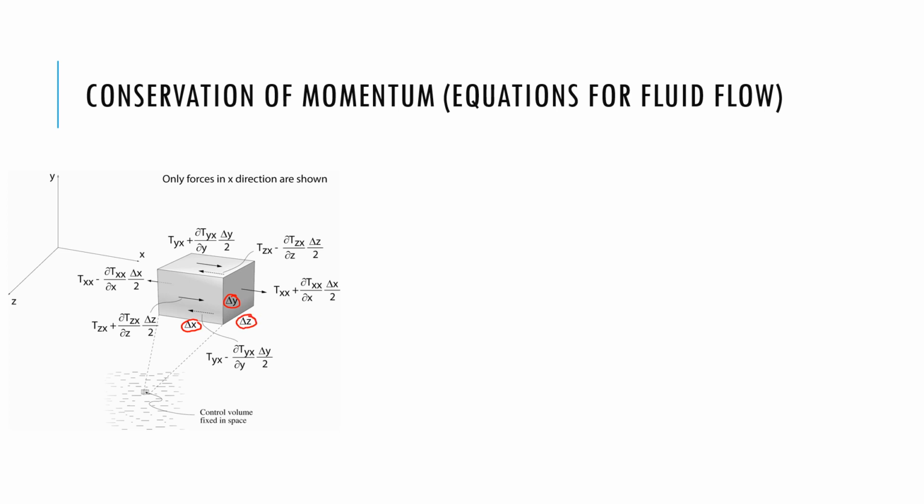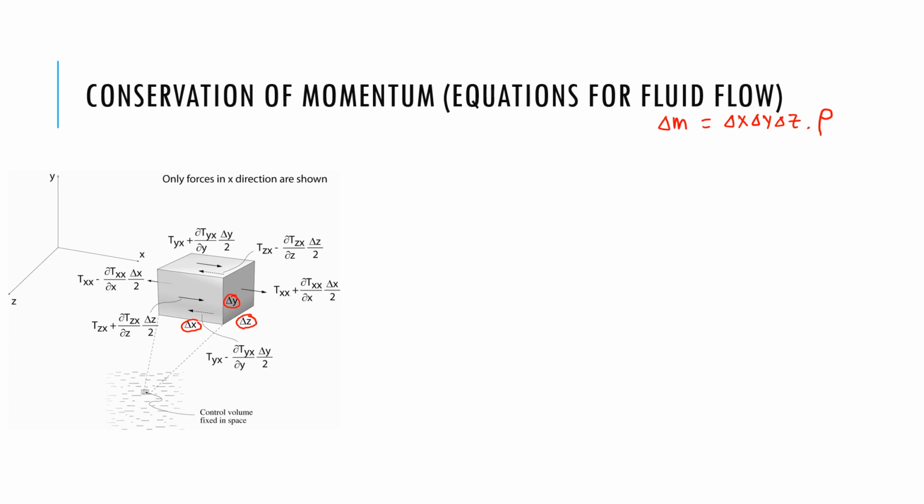So the mass of that element is delta x, delta y, delta z times the density rho. On this mass, I'm going to apply Newton's laws of motion. That is the basis of this derivation. It's momentum conservation and applying Newton's law.